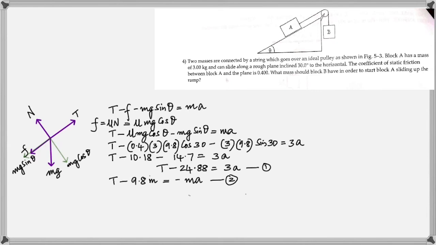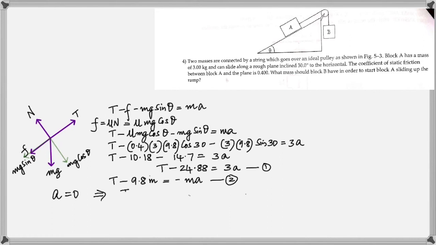So now that we have our equation number 2, we got to solve the two equations either by elimination or substitution. In this particular problem, you cannot apply this to everything, but this question talks about just moving the block A. Therefore, the acceleration is 0. It's just beginning to move. That's why the acceleration is 0.